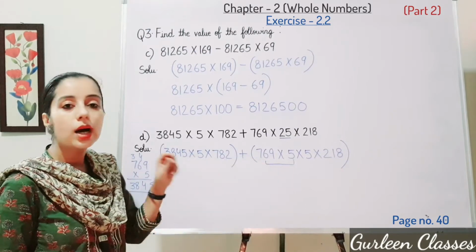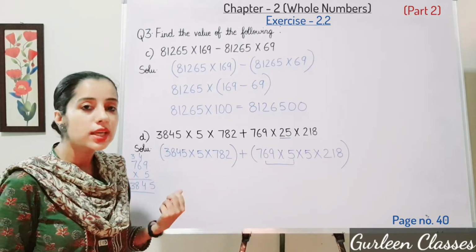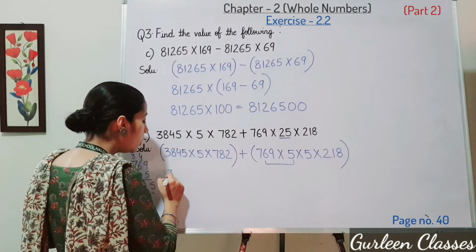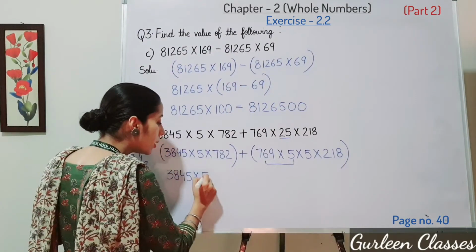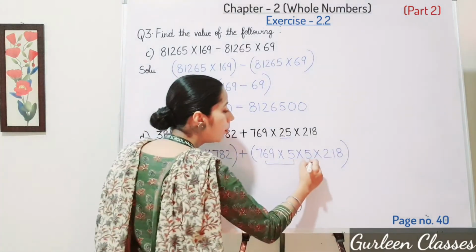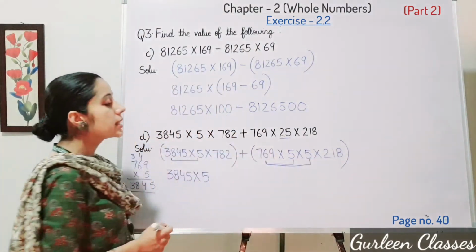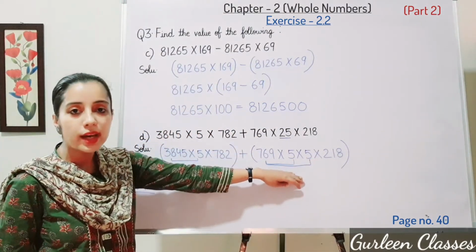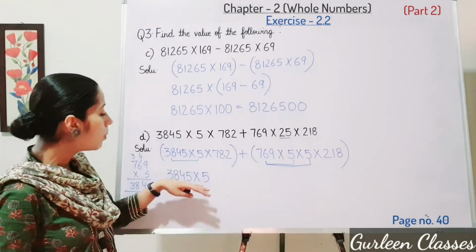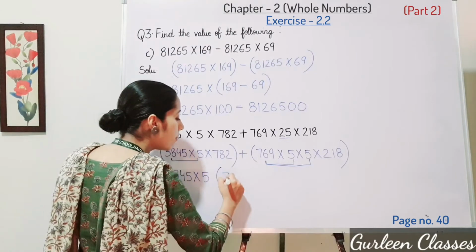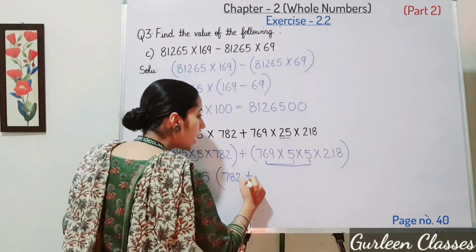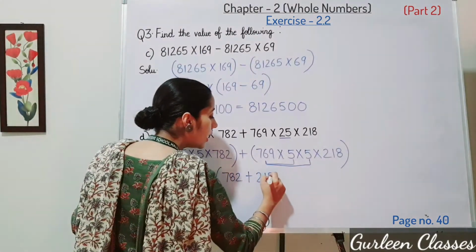So both will be now same. We can take outside. So let us write here 3845 into 5. This is common in both the cases. 769 into 5, that is 3845 into 5. So it is common, we are writing outside. Now bracket 782 plus 218.